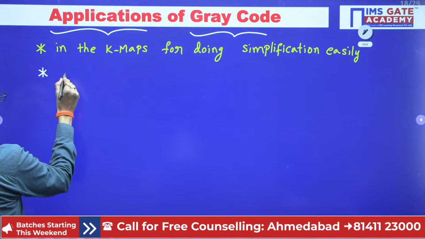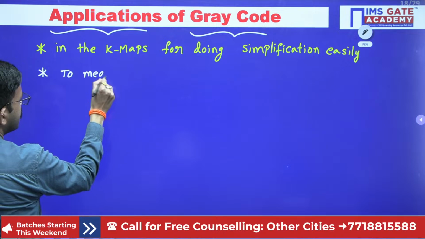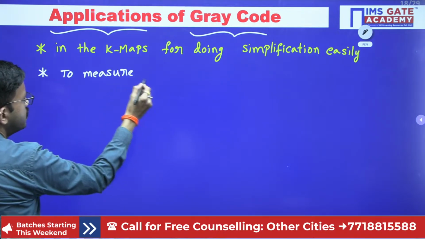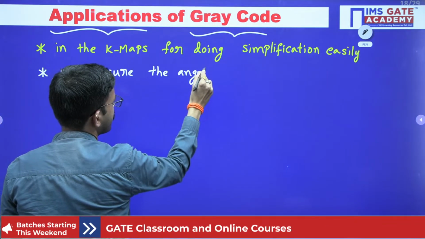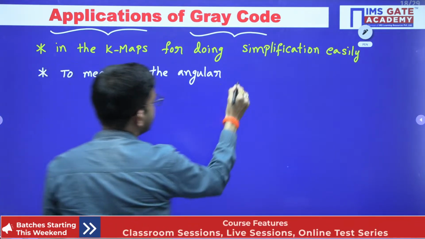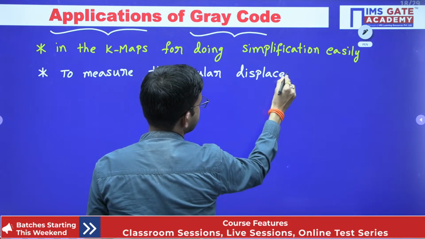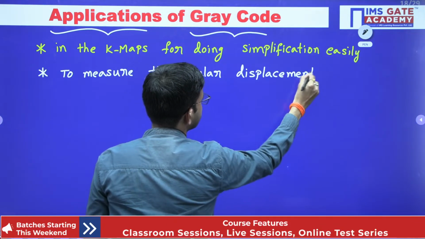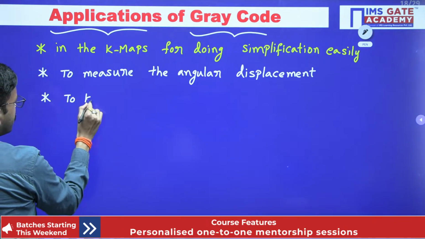We can use the gray code to measure the angular displacement or to know the position of the shaft.